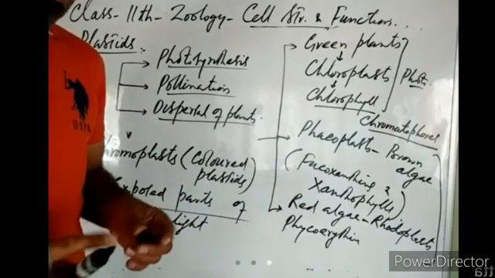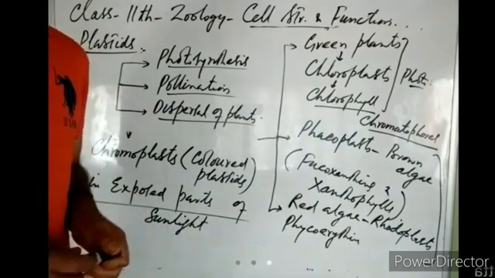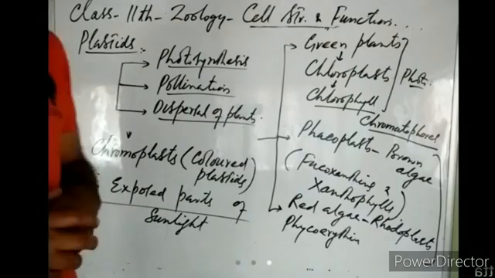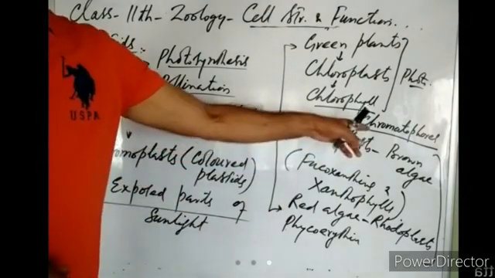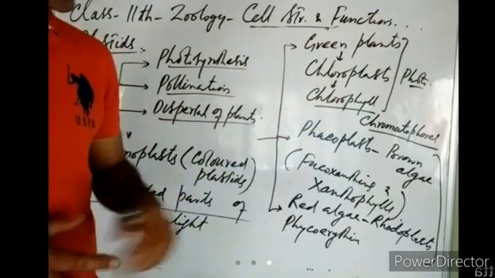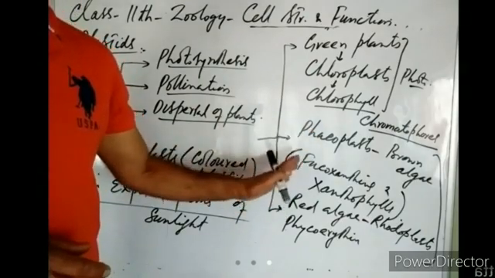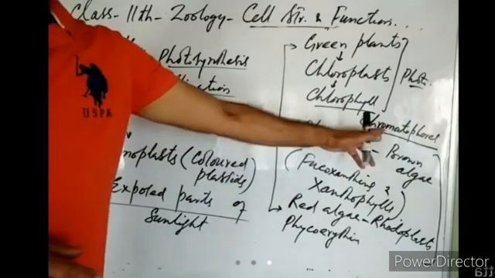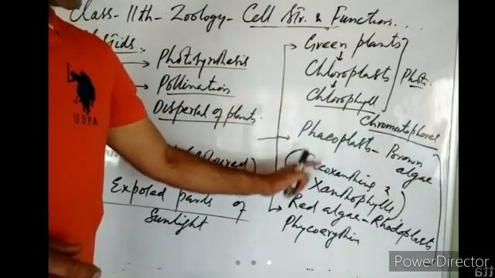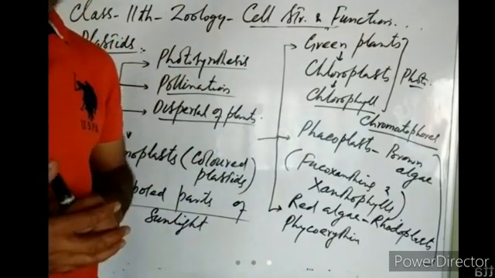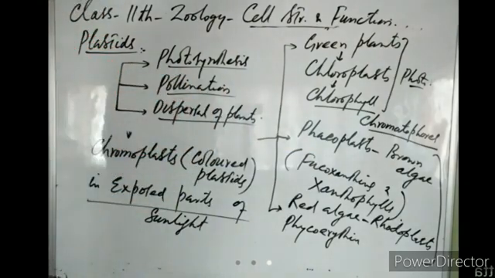Similarly, in bacteria, there are thylakoids, which are also known as photosynthetic membranes. Those bacterial thylakoids are also sometimes referred to as chromatophores. So non-green plastids of algae are known as chromatophores, and bacterial photosynthetic membranes are also sometimes known as chromatophores. So these are different types of plastids.